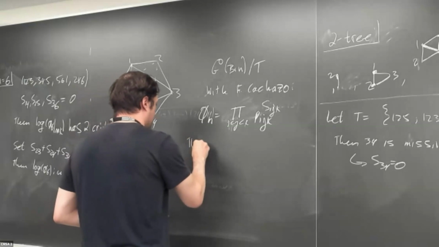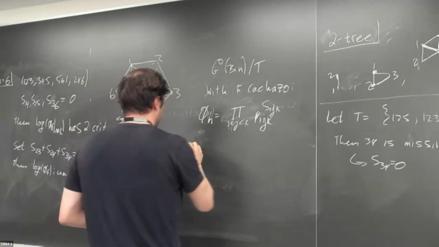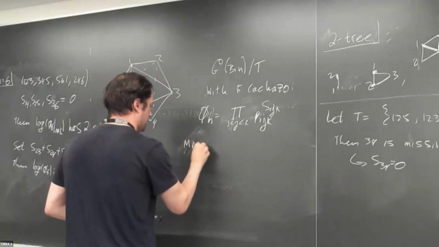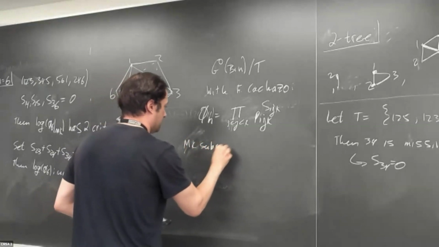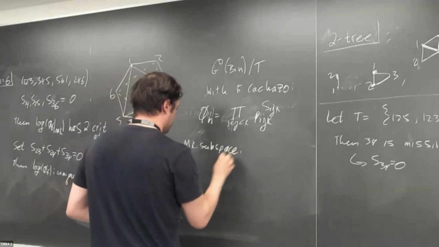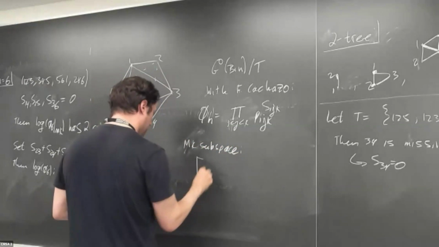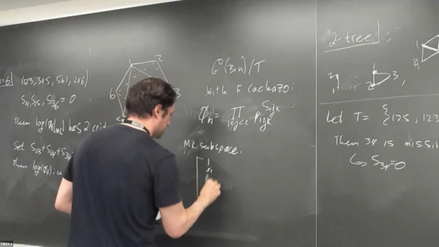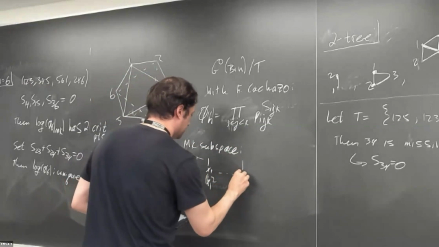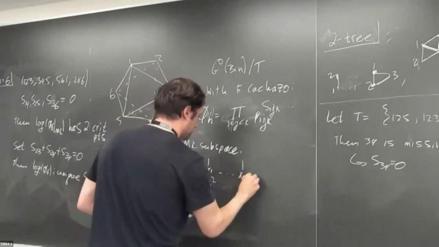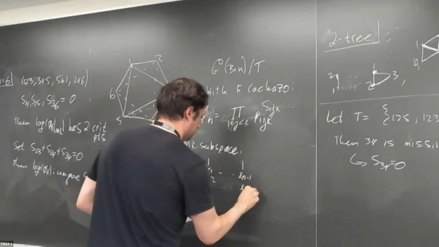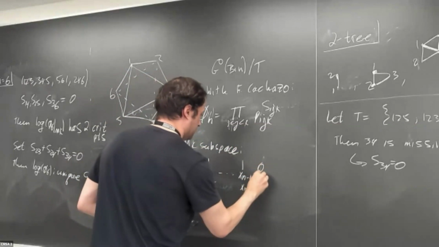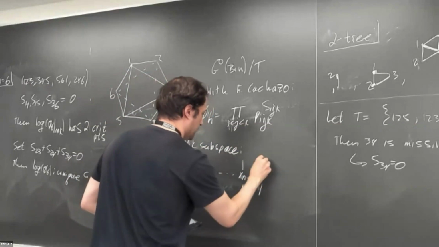We found an MK subspace such that the critical point has the following form: 1, x1, x1 squared, ..., 1, xn minus 1.